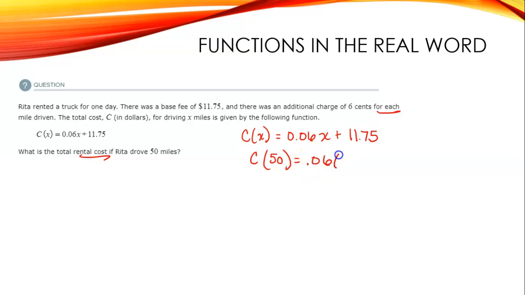So that's 0.06 times 50 plus 11.75. I multiply 0.06 times 50 first, and I add on 11.75. And that gives me the cost based on 50 miles is $14.75. This is a very cheap truck to rent.